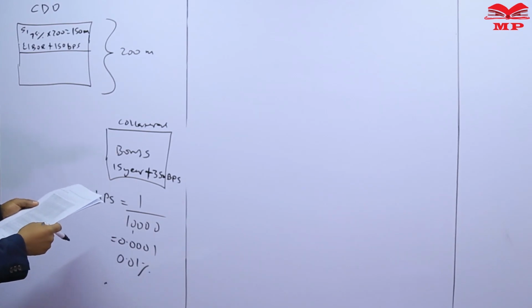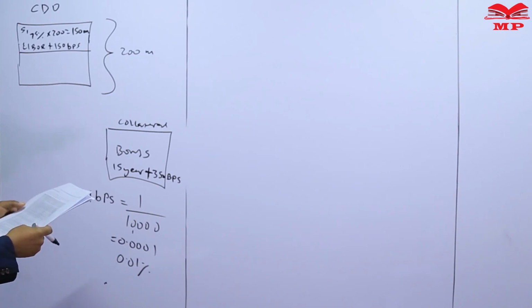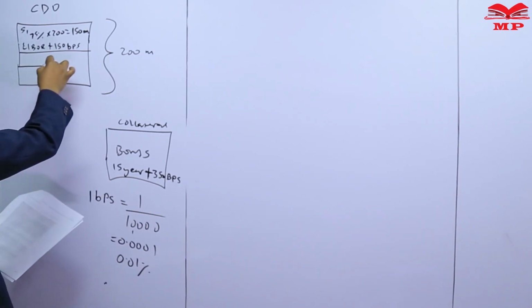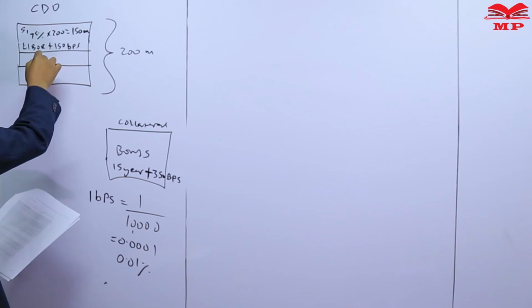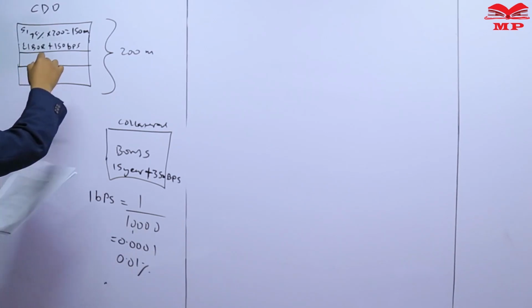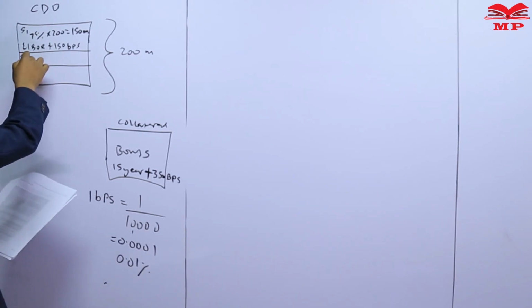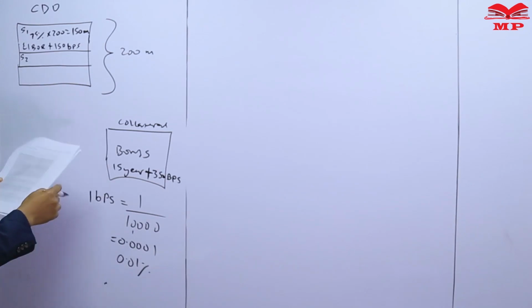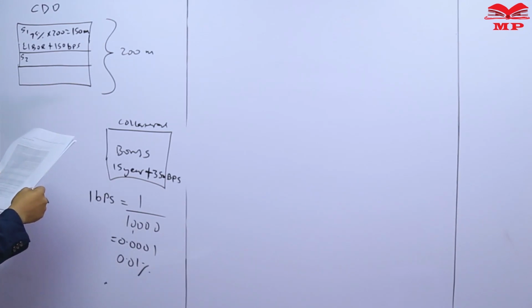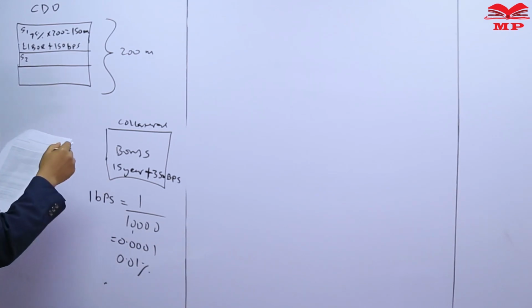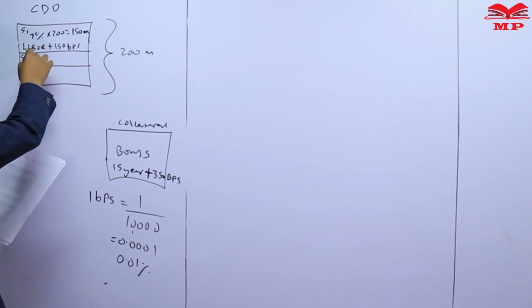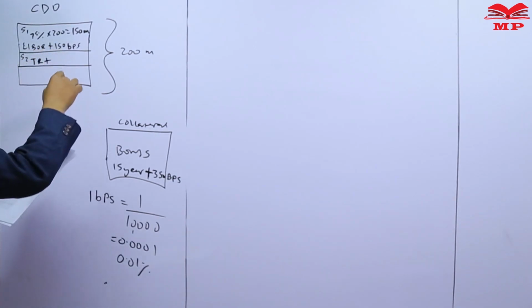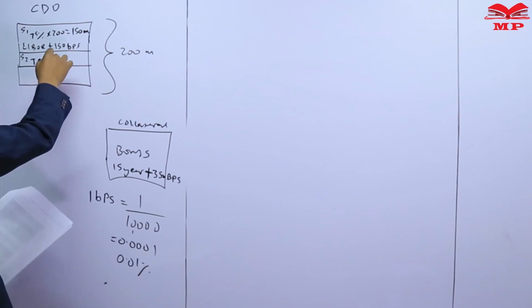Then we are saying that there is a 20 million mezzanine tranche. So we have a 20 million mezzanine tranche over here. This is S2. It carries a fixed coupon equal to the treasury rate plus 175 basis points.